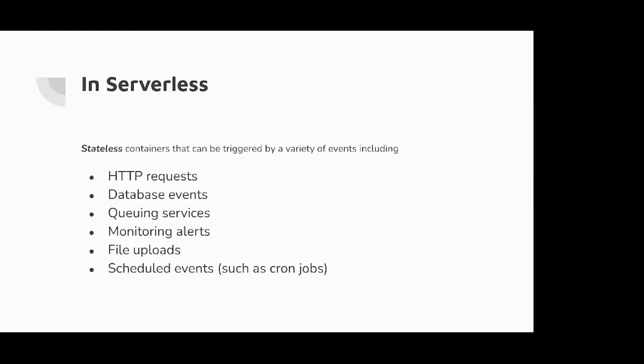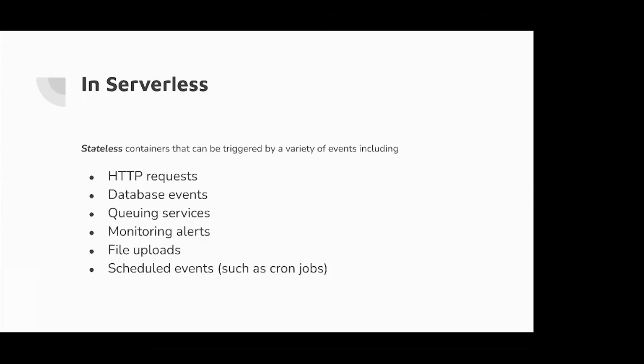Let's say I'm writing something to my database, and I want to do something else, like send an email. So a database write event could be an event. Queuing event, like you have a message queue. For an example, you have an IoT device which sends messages to your queue in AWS. So each message will trigger a server endpoint.